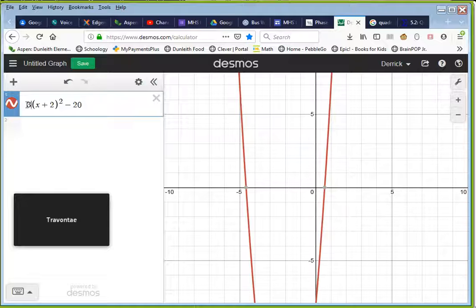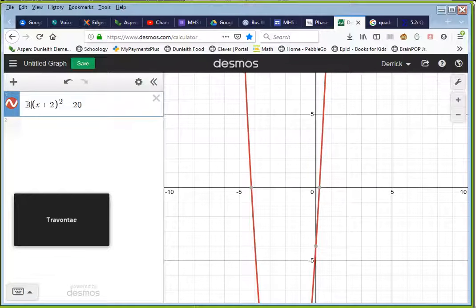I want you to pay attention to the x-intercepts. Just look at the two points on the x-axis, because I want them to become -1 and -7. Should I make it bigger? Yeah, just add one more.